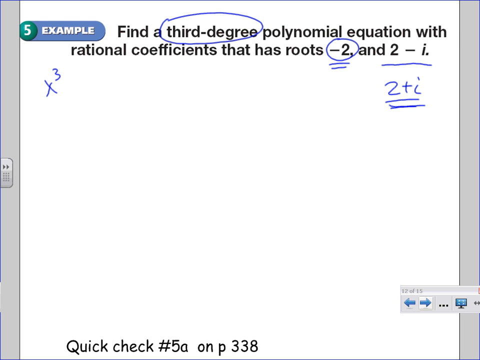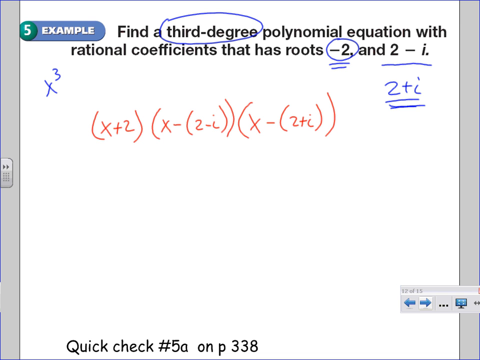Okay, so now I have something of third degree, and I can say, well, if minus 2 is a root, then x plus 2 must be a factor. And if 2 minus i is a root, then x minus the quantity 2 minus i must also be a factor. And if 2 plus i is a root, then x minus the quantity 2 plus i must also be a factor.